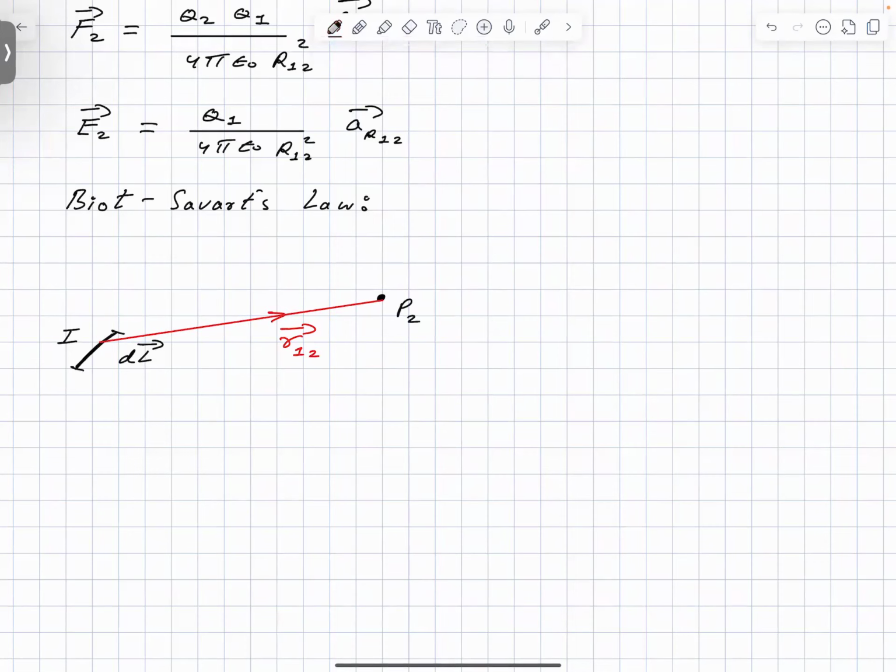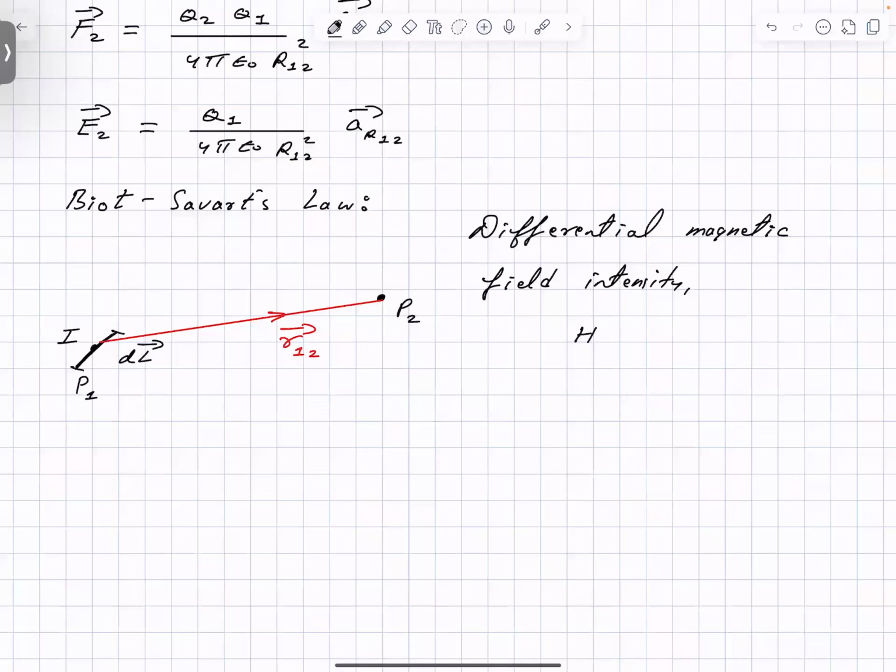Let's say the source, the current, is at point P1. What Biot-Savart law says is that the differential magnetic field intensity due to this differential current element is given by, so before I write down the expression, magnetic field intensity, we denote that by H, and it's a vector field, so we have an arrow.